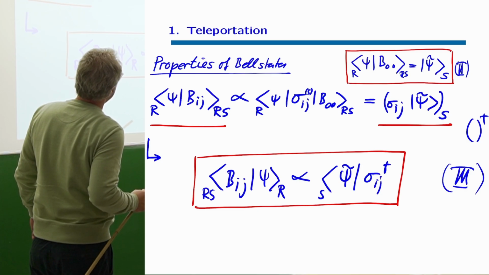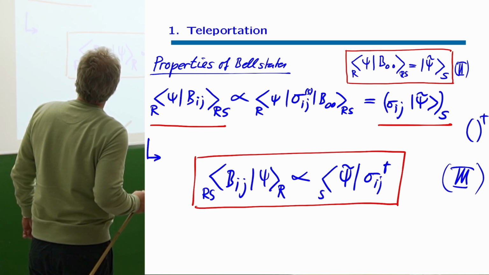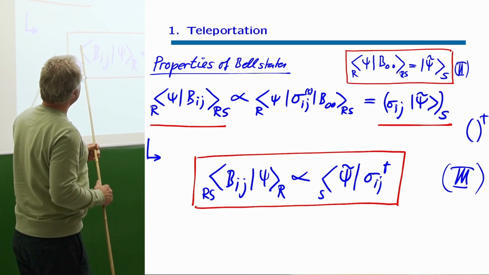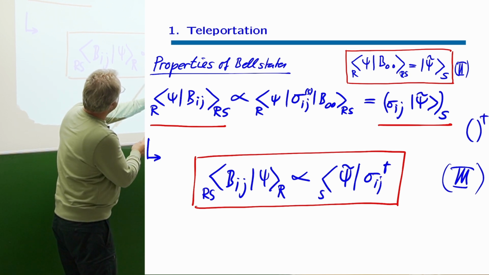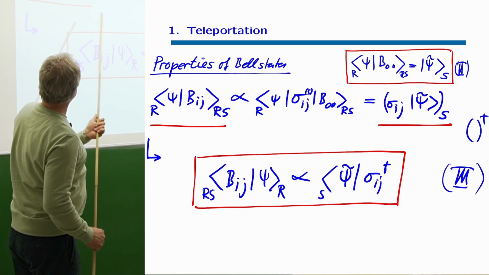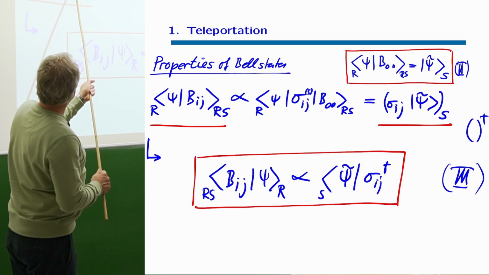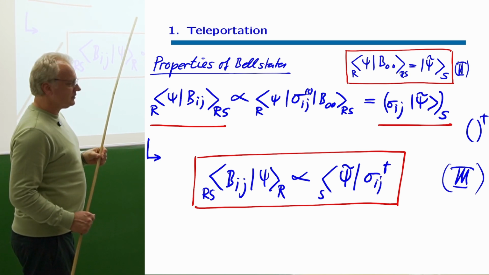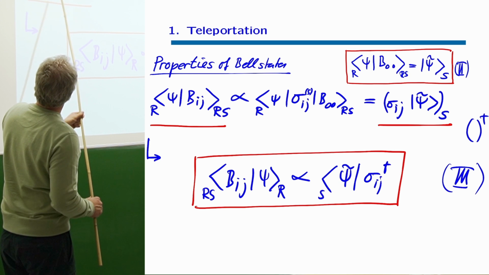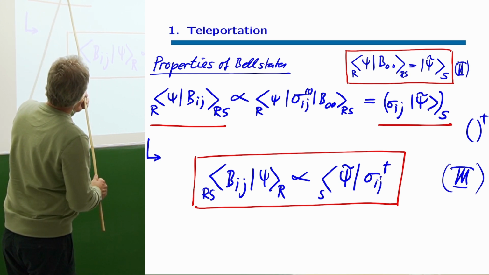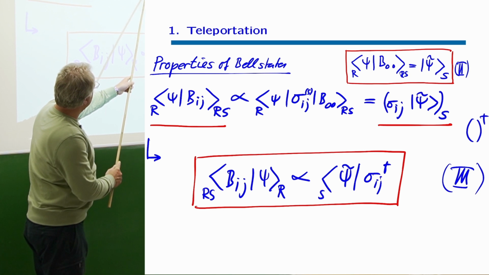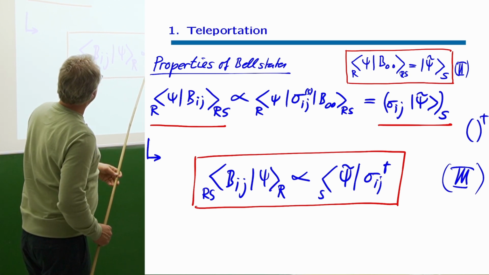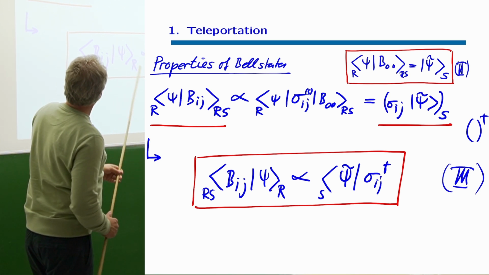I have just copied it from the last slide, and now let's make it even more general. So we had this for B00, we had it for B11, so now let's write it for either of these four Bell states. We know Bij is just our reference Bell state B00, and then some suitable Pauli operator applied to it.